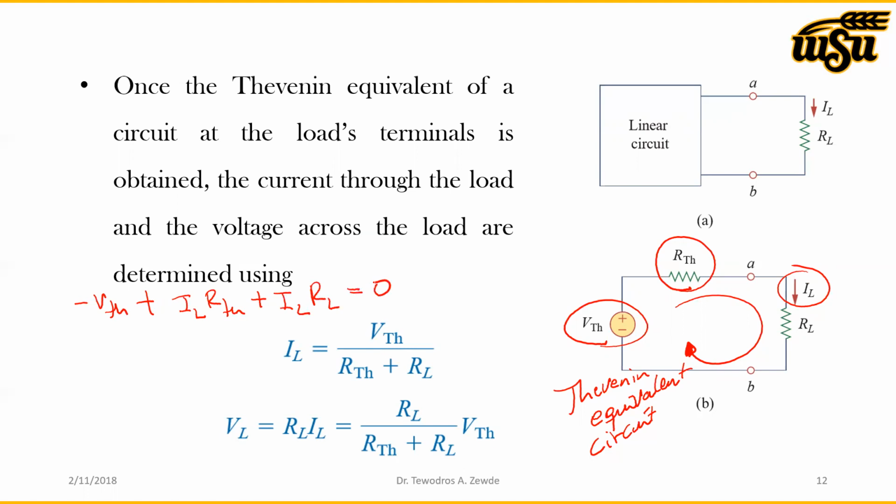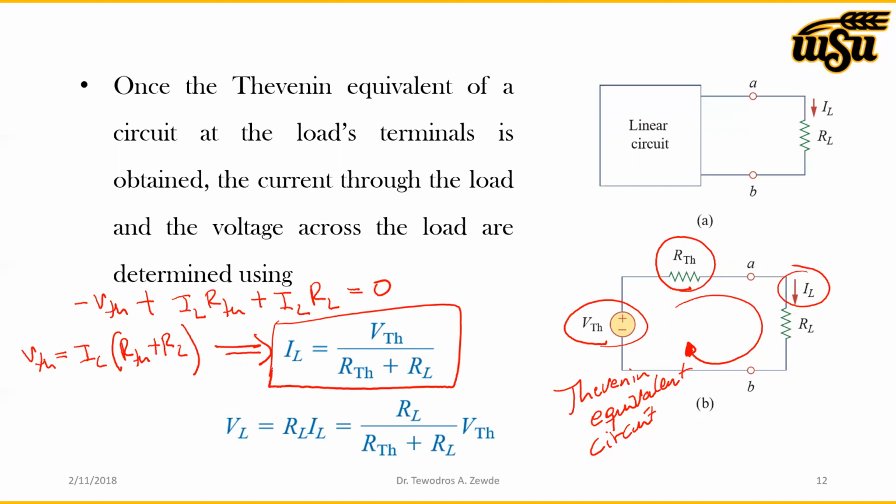And if you rearrange this, you'll get VTH is equal to IL times (RTH plus RL). And then this will give you IL. That's how we determine this expression. So this expression is used to determine the current through the load resistance RL. So we just used a simple KVL, and using that KVL, we get this expression.